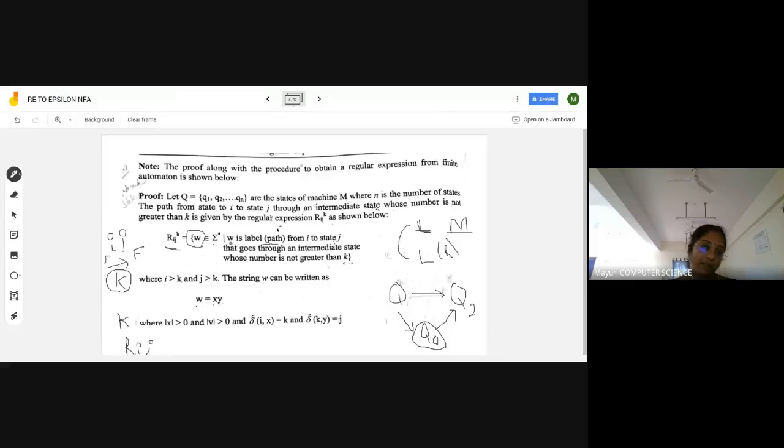You can call it W, or it is the path that goes through intermediate states whose number is not greater than K. It should be equivalent to K, and it should not be greater than K. What is that? The number of intermediate states.